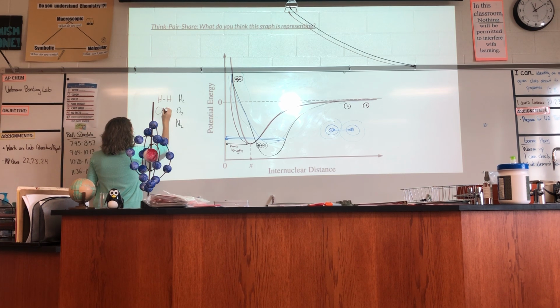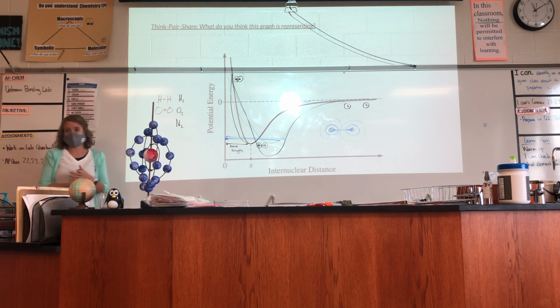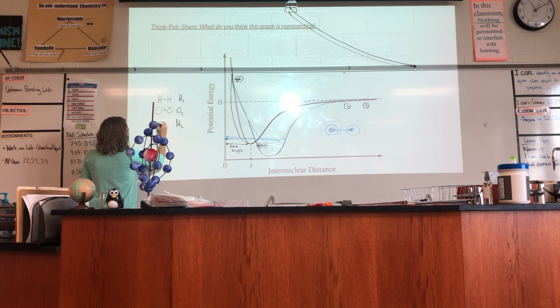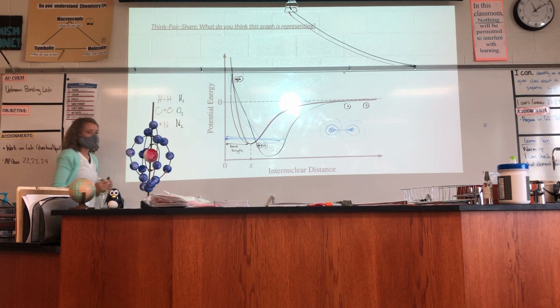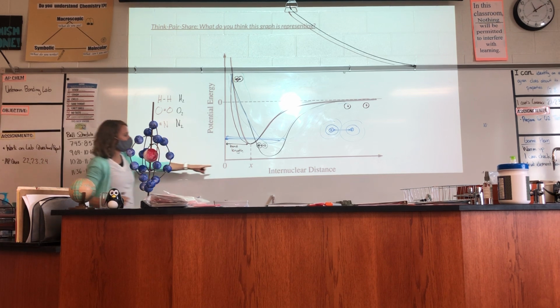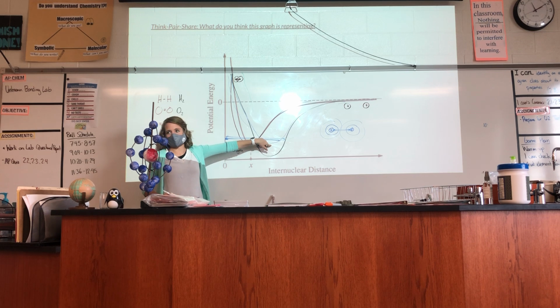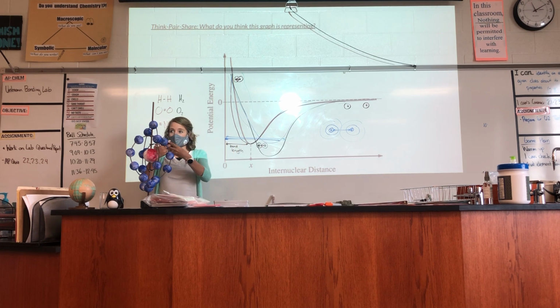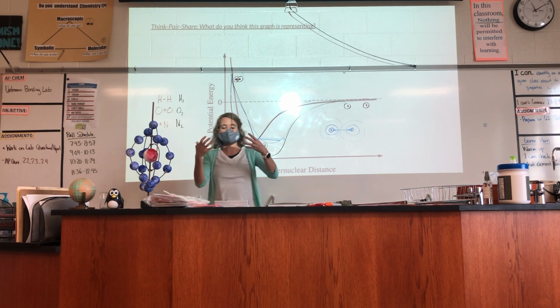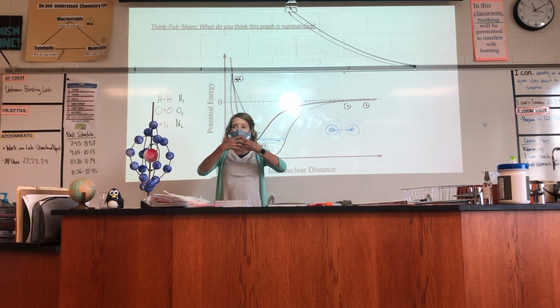When oxygen bonds with itself, it forms a double bond. When nitrogen bonds with itself, it forms a triple bond. Triple bonds have more stored energy than a double bond, because in a sense you're sharing more electrons. So the more you share, the more overlap you get.